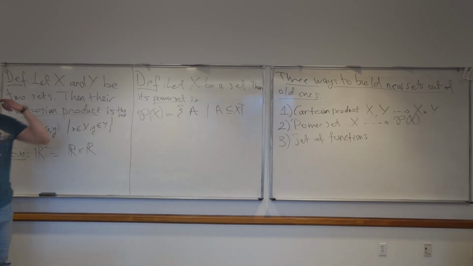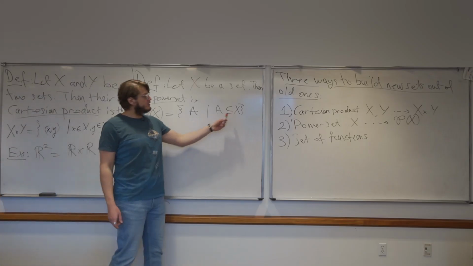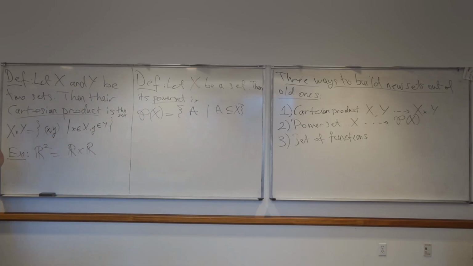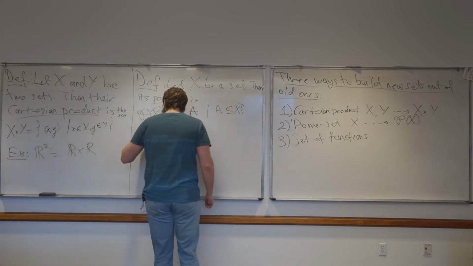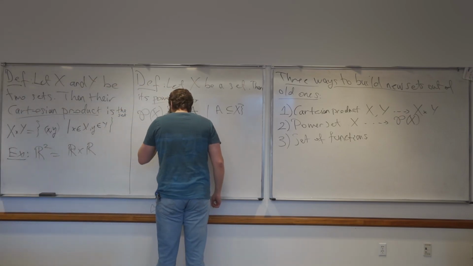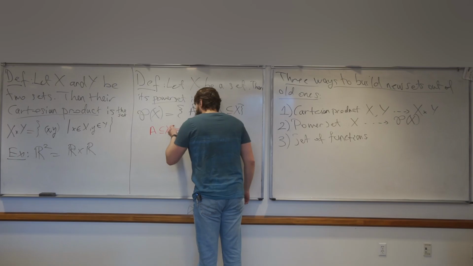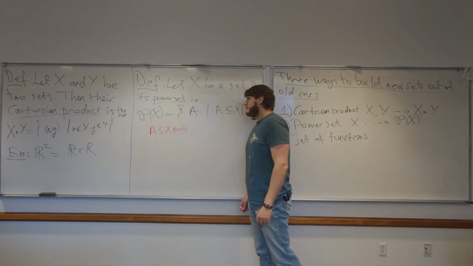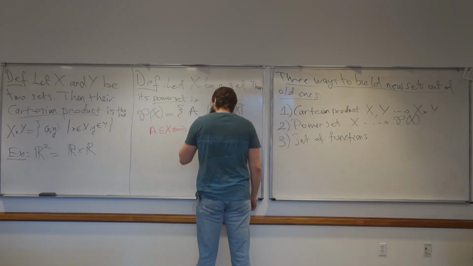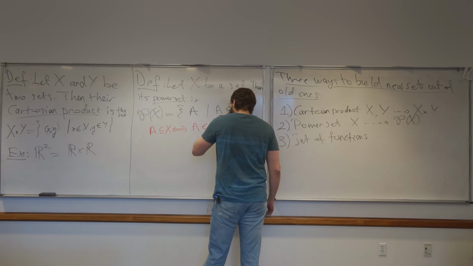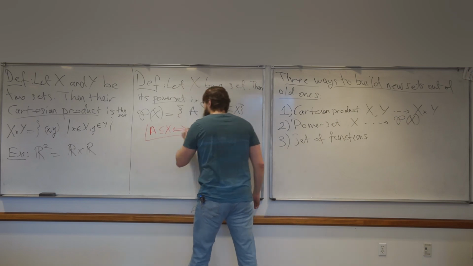So in a sense, this allows you to relate the subset relation, in other words this symbol, and the element symbol. Because you have this idea: A is a subset of x is equivalent to saying that A is an element of the power set of x.